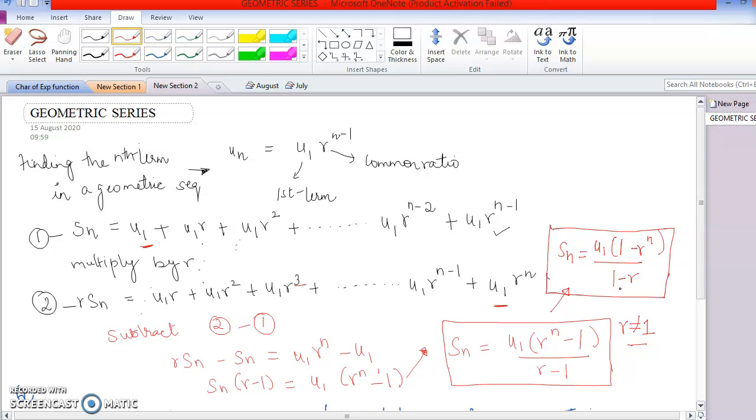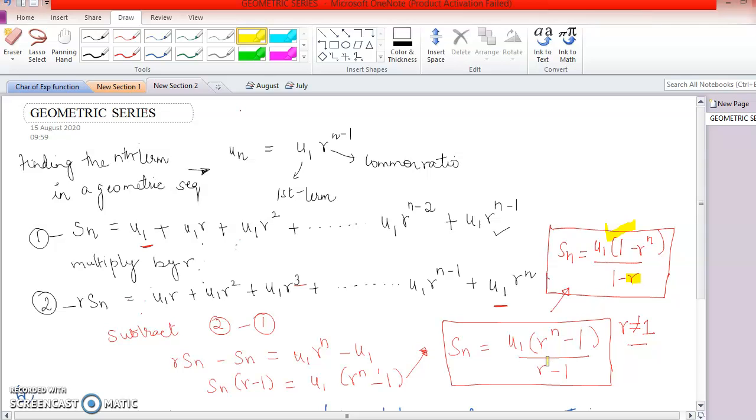However, for our convenience, let me use a highlighter to give you an understanding. When our r is less than 1, it's easier to use this formula, because in that case you're not going to get negative values in the denominator, and the calculation becomes easier.